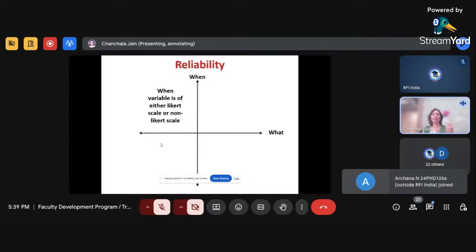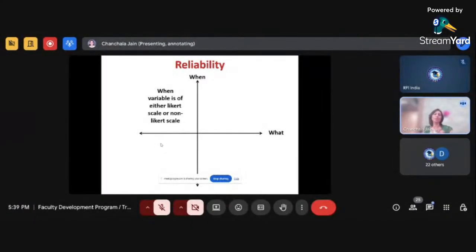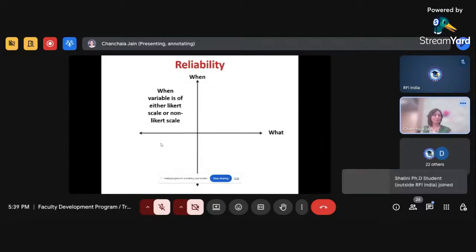So you can give 5 points: strongly agree, agree, neutral, disagree, strongly disagree. That is a 5-pointer. It can be 7-pointer, 9-pointer, 11-pointer also, depending upon how much differentiation the people can understand between the options we are providing.